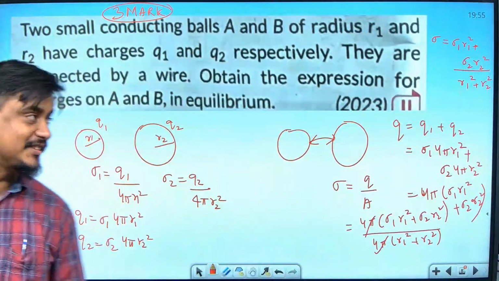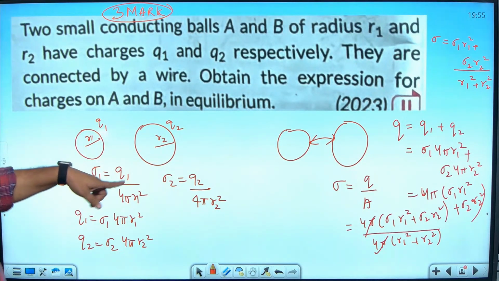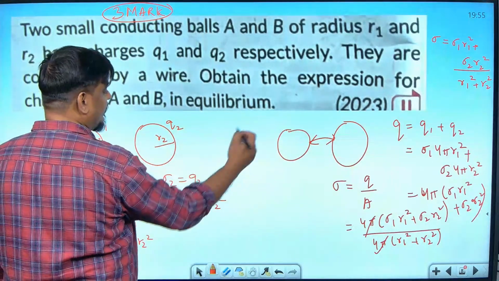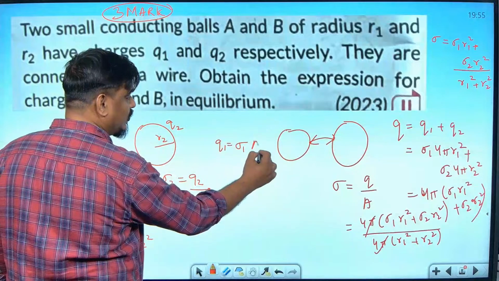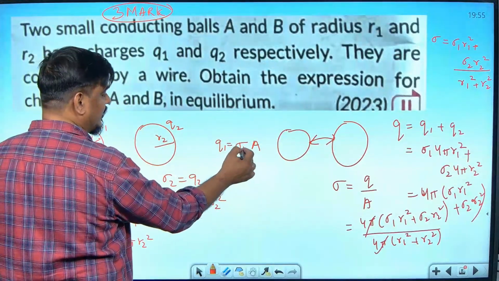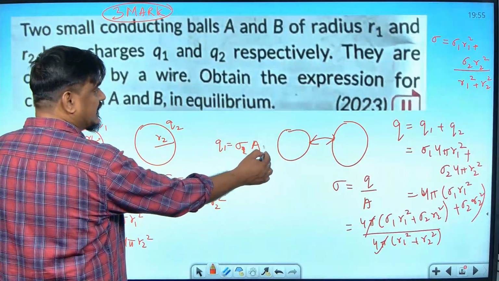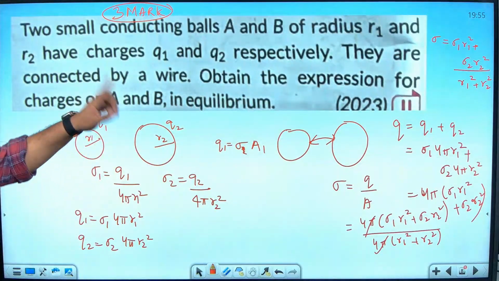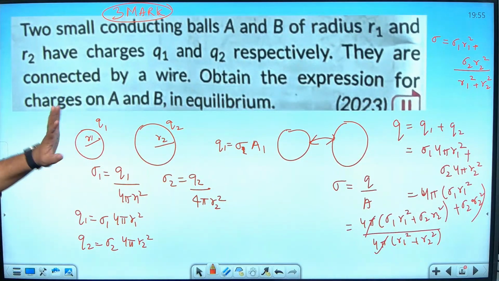See how the question is. Now, not over yet. Sigma alone you have got. Now they are asking you to find the expression for charges on A and B. Charge on A will become equal to Q1, and that will become equal to sigma into A1, the first area. Now sigma value we have, if you multiply with this A1, area will become 4 pi R1 square, then you get the value of Q1.